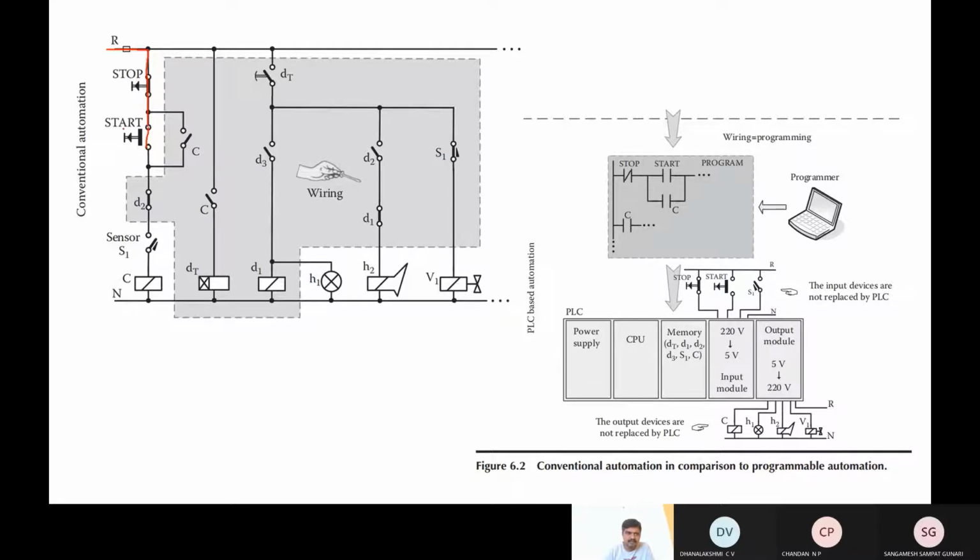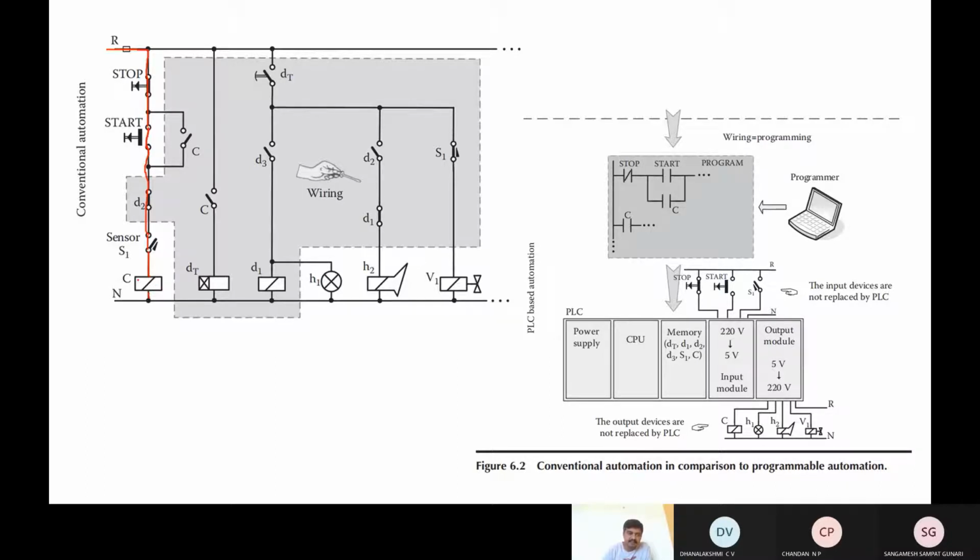When the start button is closed, only then can power flow to this location. Then if there is an input from the sensor, this contact will close. When this contact closes, power can flow further and reach the relay.